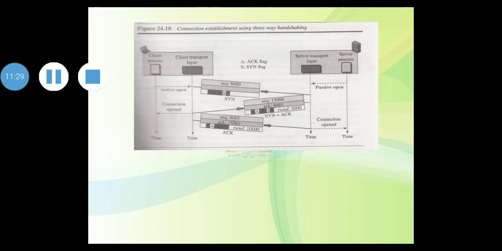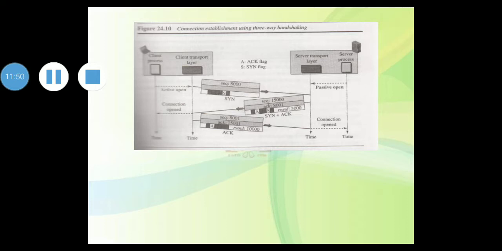TCP uses the services of IP to deliver individual segments to the receiver, but it controls the connection itself. When a segment is lost or corrupted, it is retransmitted. IP is unaware of this retransmission.